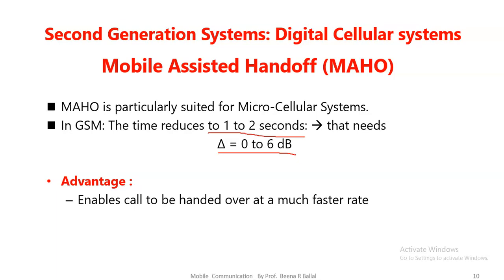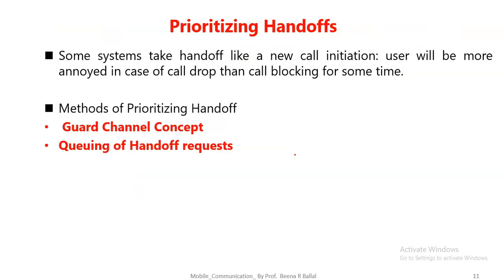So the delta value ranges from 0 to 6 dB in these second generation systems, which use MAHO, that is mobile assisted handoff.